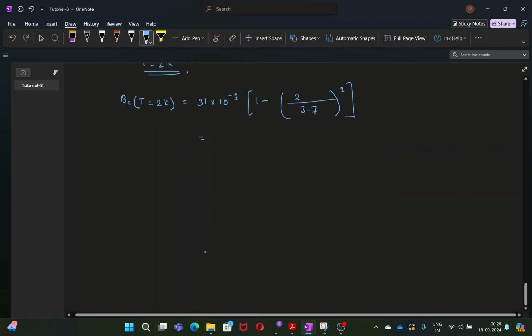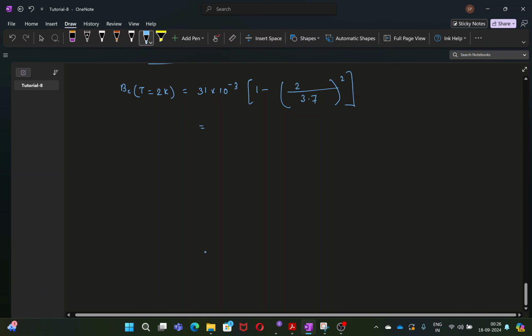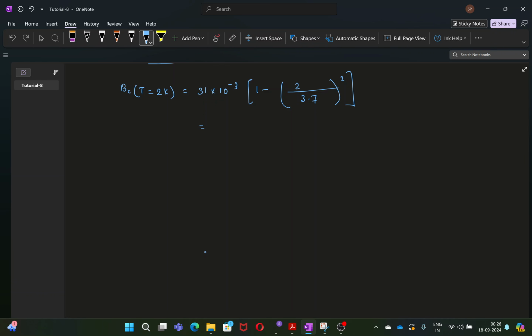Okay, so we have to calculate this. Now let us use our calculator and directly calculate this part. So this is 2 by 3.7 whole squared, 1 minus that, and into 31 into 10 to the power of minus 3.